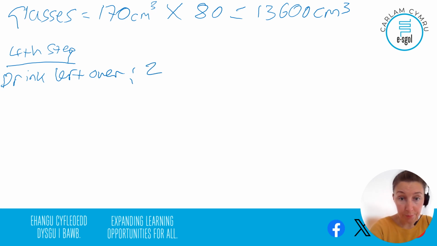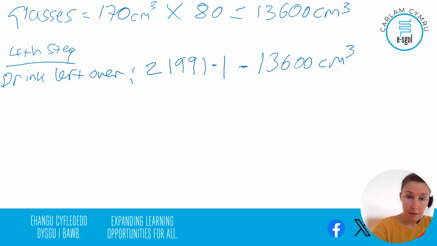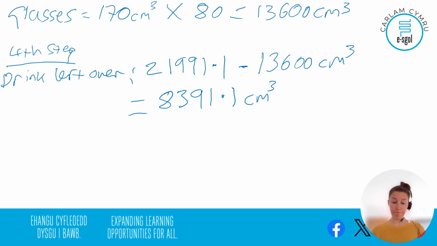So you take your sum of 10 jugs, 21991.1, take away the sum we've just worked out for glasses, which is 13600. And you punch that into your calculator and you should get a total of 8391.1 centimetre cubed. Make sure you put the centimetre cubed down every time.